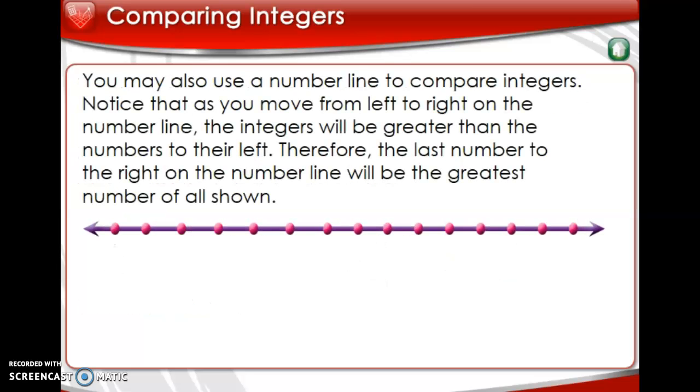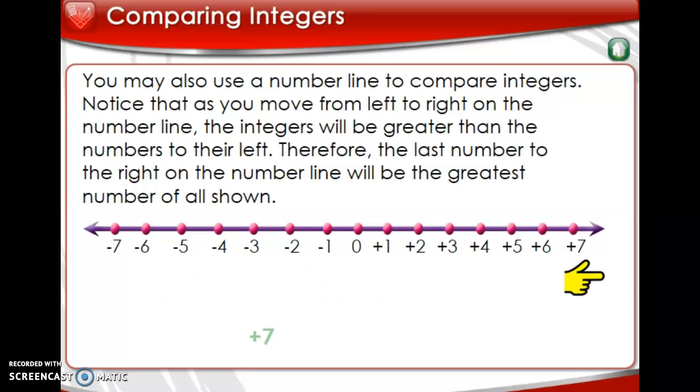You may also use a number line to compare integers. Notice that as you move from the left to the right on the number line, the integers will be greater than the numbers to their left. Therefore, the last number to the right on the number line will be the greatest number of all shown.